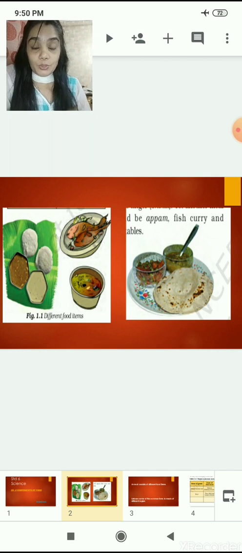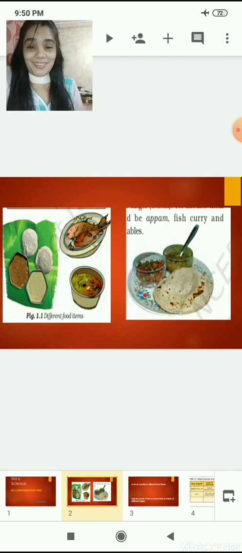You see the picture now. It's mouth watering. So we all have different kinds of meals, according to the region and state we live in. So what does our meal consist of? What did you have in your meal?